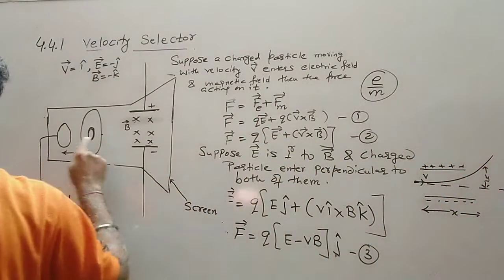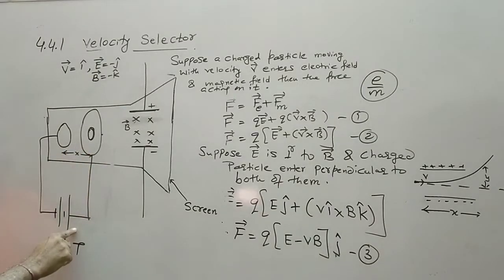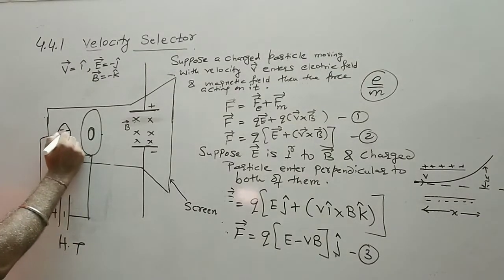One of these two conductors, the one at high potential, has a small hole in it. Now what happens when the high tension is applied? Electrons are emitted from the plate at low potential.